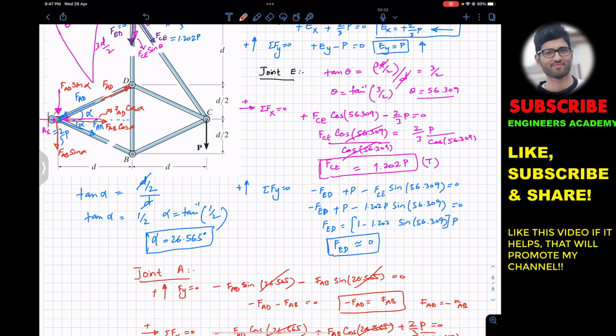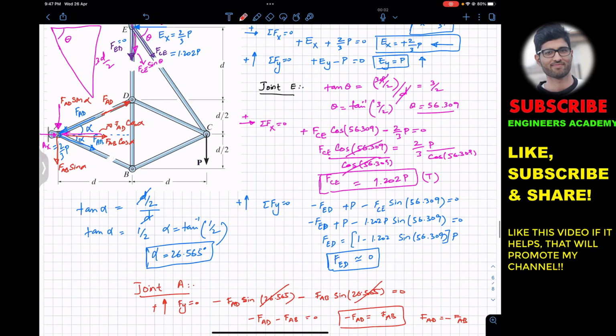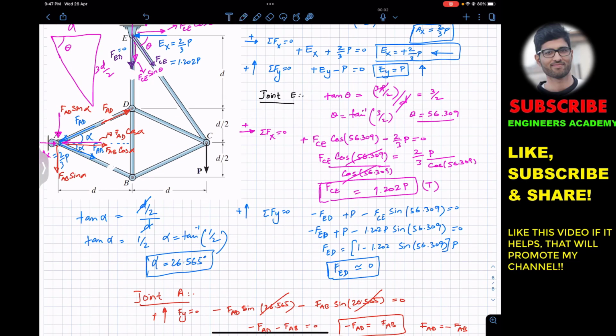Let's assume that CD member is in tension, so its force must be acting away from joint D. And similarly, let's assume that this BD member is in tension as well. So the force must be acting in the downward direction like this.